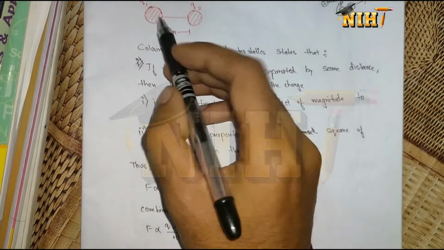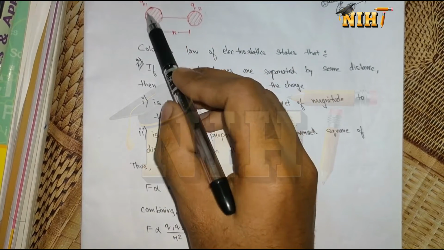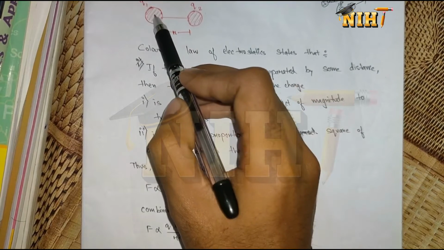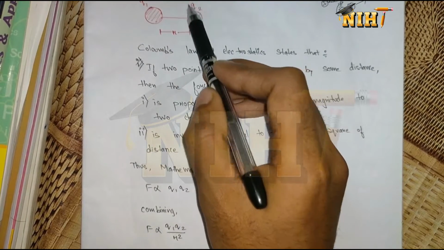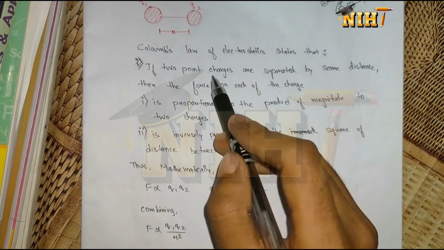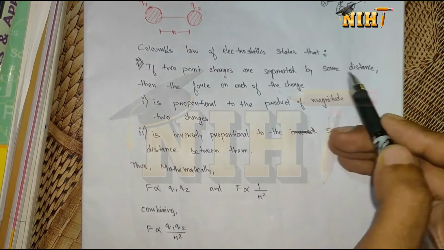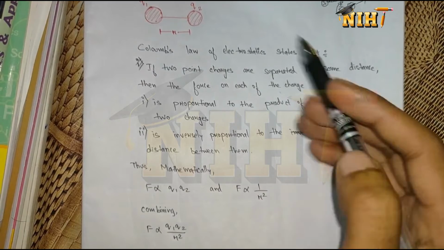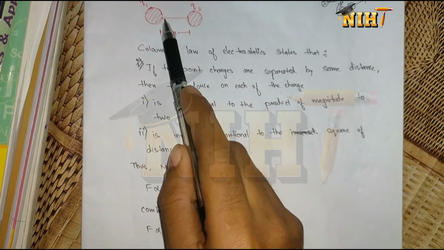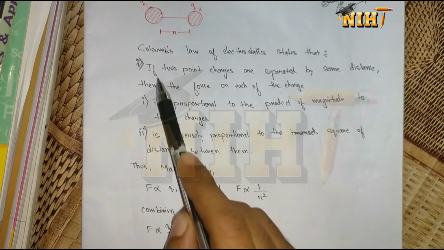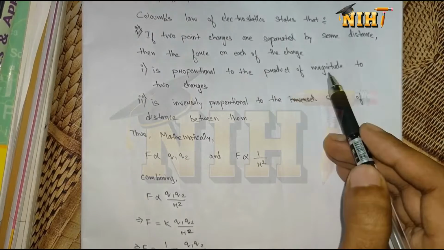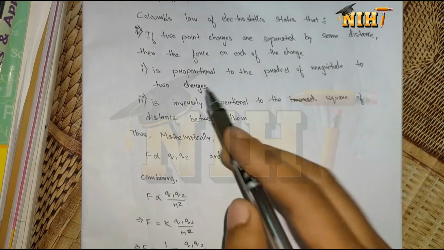This is our system. If we have a system of q1 and q2, this is a point charge and this is another point charge separated by a distance r, and this has a charge q1, this has a charge q2. Now Coulomb's law of electrostatics states that if 2 point charges are separated by some distance, then the force acting on the charge is proportional to the product of the magnitude of the two charges.